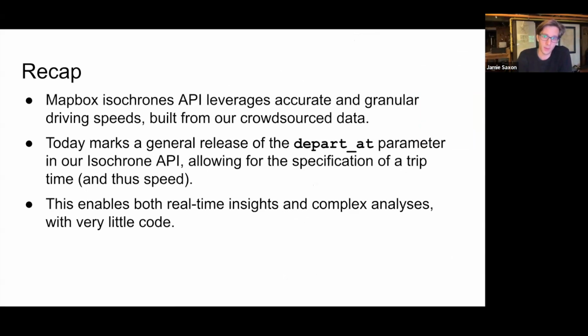I'm really excited that Ryan was able to join us for the release of the depart_at parameter in the Isochrone API, which allows you to do these much more granular analyses, allows you to plan out in the future, and allows you to compare current conditions with what you would have expected typically, without having to ingest an enormous amount of data.